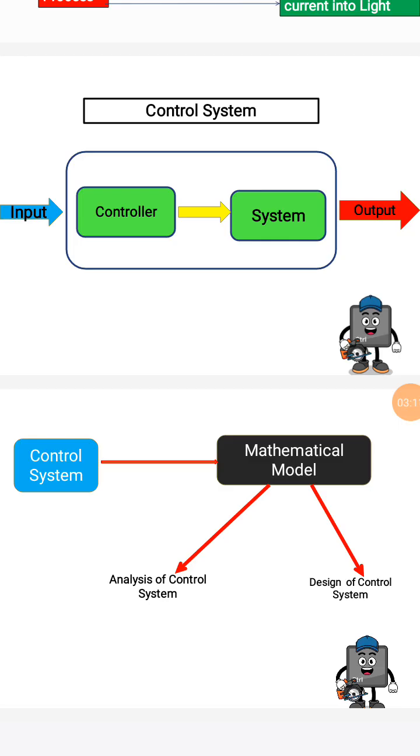If I want to find the mathematical model, I need to know the input and output of that particular system. For my application I go with either the analysis part or the design part. By analysis you can find the output of the execution. By design you can find the mathematical model.